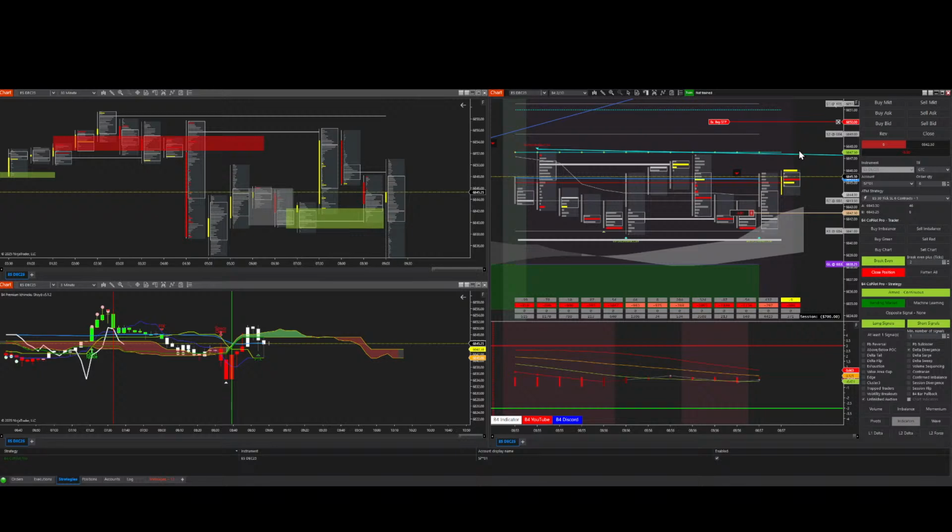Pre-TK cross signal here is signifying a possible bullish. So what I'm going to do is come right here at the top of our bracket, and I'm going to use a buy chart. Order submitted.